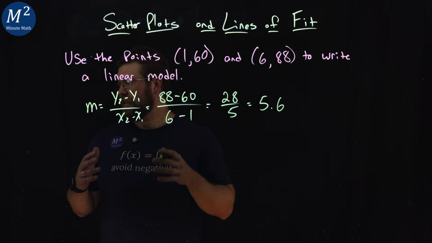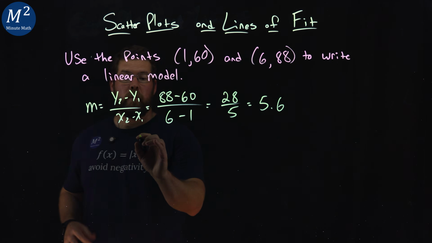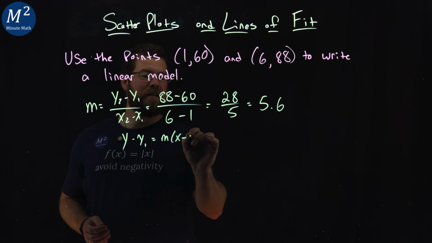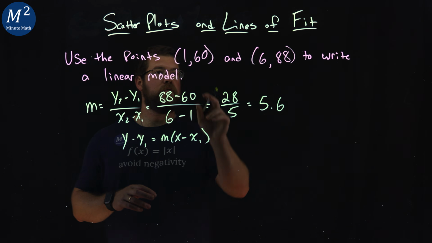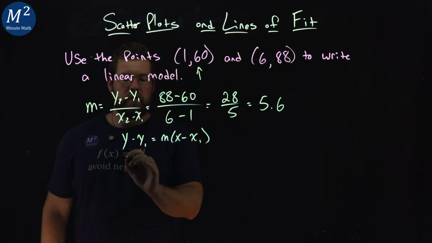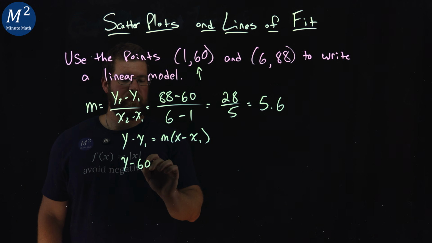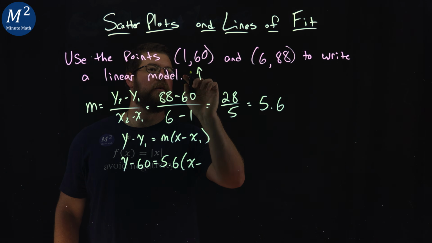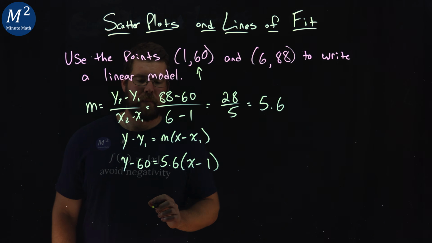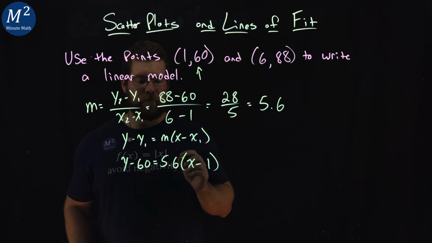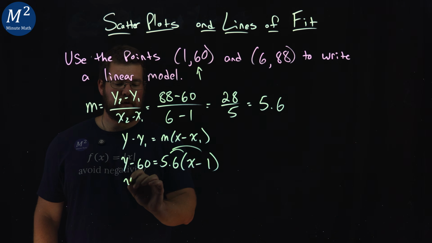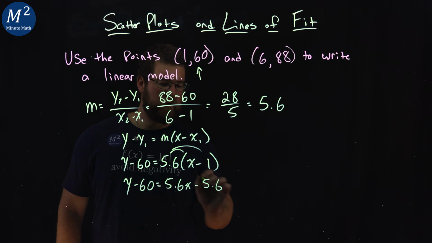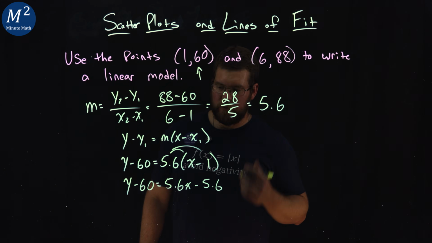So now we can use point-slope form for this. Point-slope form is y minus y1 equals m times x minus x1. Well, let's use our first point right here. So y minus 60 equals 5.6, our slope, times x minus x1, 1. Now let's convert this to slope-intercept form. I'm going to distribute the 5.6, so I have y minus 60 equals 5.6x minus 5.6, right? 5.6 times 1 is 5.6.